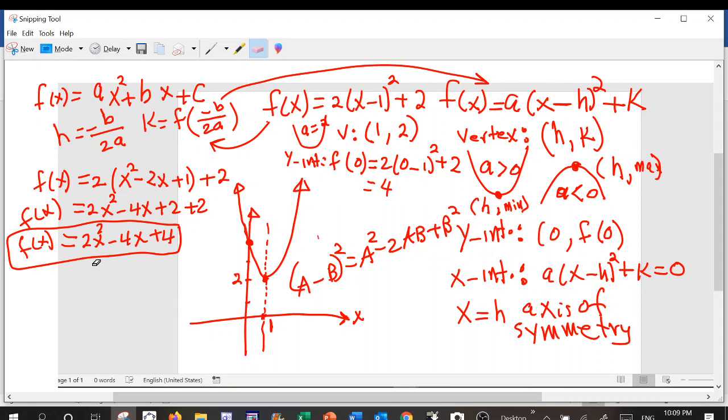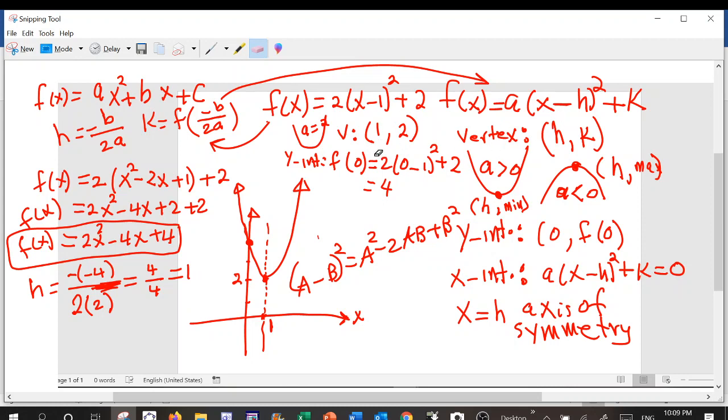So here a is 2, b is negative 4, and c is 4. h has to be negative b, which is negative 4, over 2 times a, which is 2. So that's 4 over 4, which is 1, and that's the same number that we found here, right?